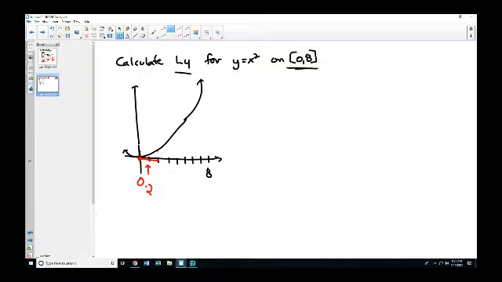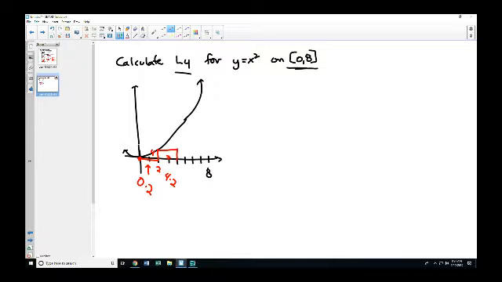Okay, how about the next? The x value is 2, which means the height is 4 and the width is 2. So 4 times 2.